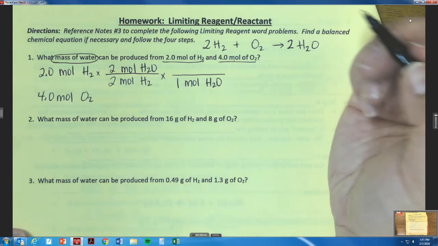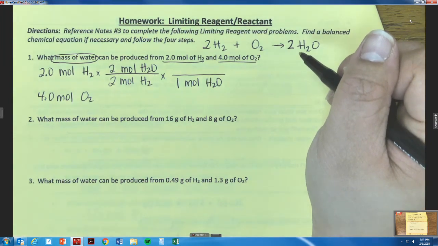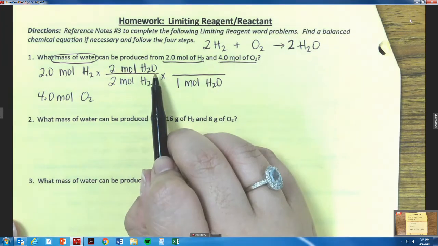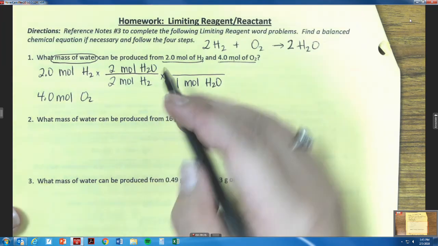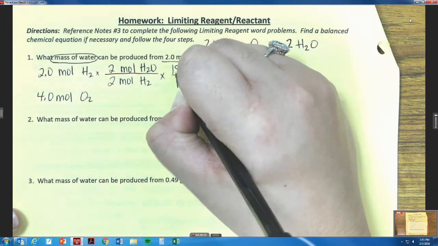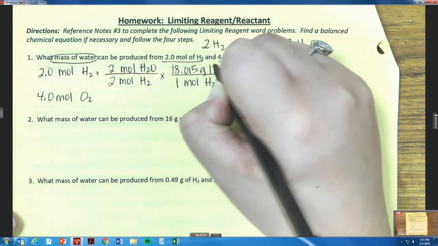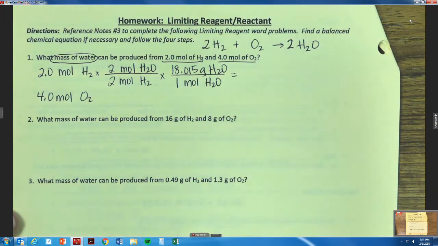So to find your mass of water, you're going to have to calculate, well, how much does water weigh? You have 2 hydrogens and you have 1 oxygen. If you add that all up, you actually get 18.015 grams of water. Okay, and then solve.